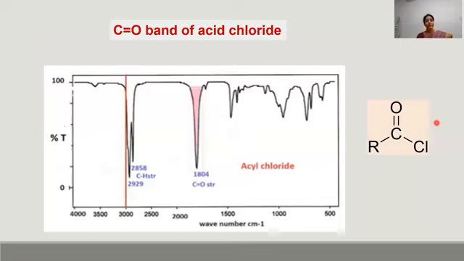In esters, carbonyl at 1750 centimeter inverse and two bands because of the carbon oxygen single bonds, sp2 C-O and sp3 C-O, near 1200 centimeter inverse. In acid chloride, the carbonyl is shifted towards 1800. In anhydrides, the carbonyl itself appears as a doublet.